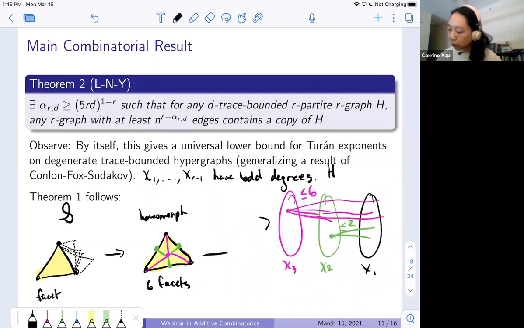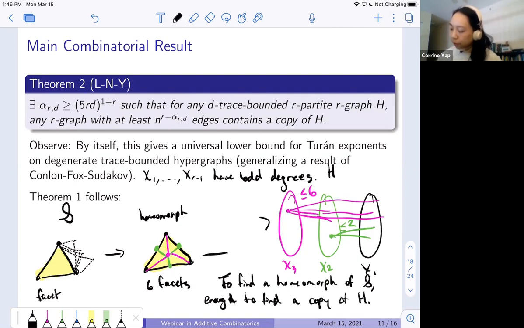To find a homeomorph of S, it's enough to find a copy of H, where this is the H that I drew. So we've reduced our original topological theorem to just finding copies of hypergraphs in a denser hypergraph.